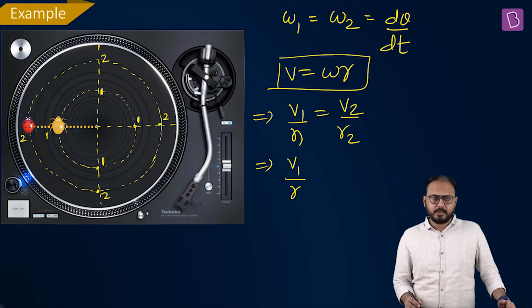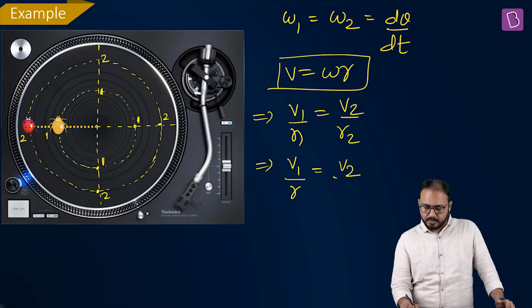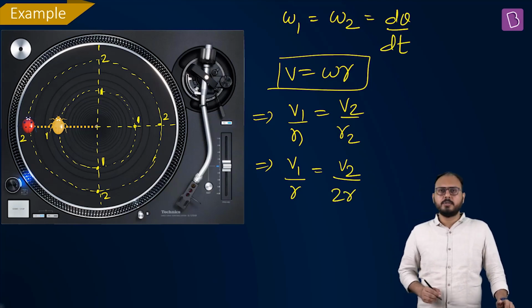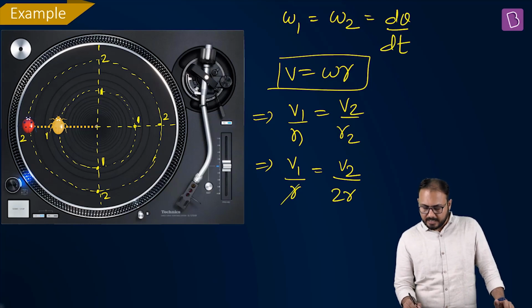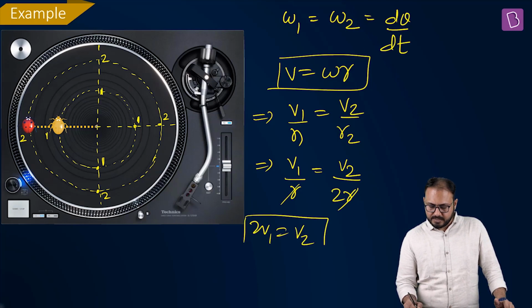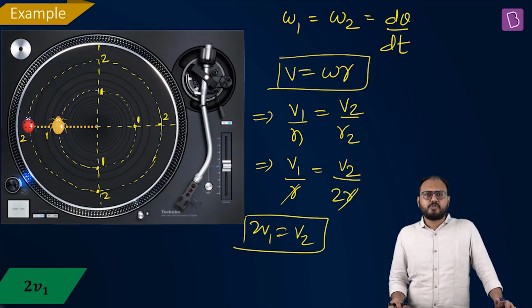I'm calling it R, why not? V2, the red bug, I need to find out. It is 5 centimeter from the yellow. That means from the center it is what? 2R. R and R get cancelled. 2V1 is equal to V2. The red bug travels with 2V1 velocity.